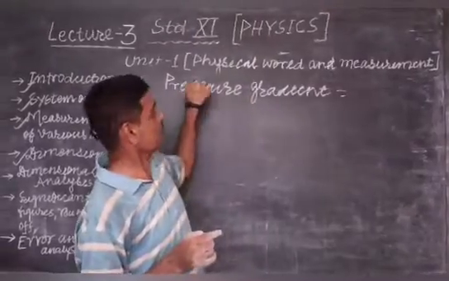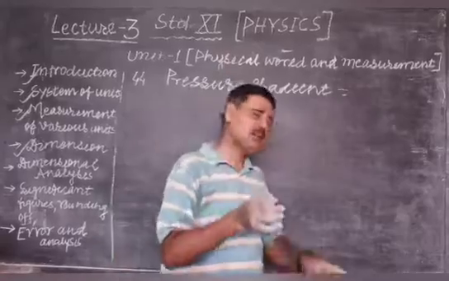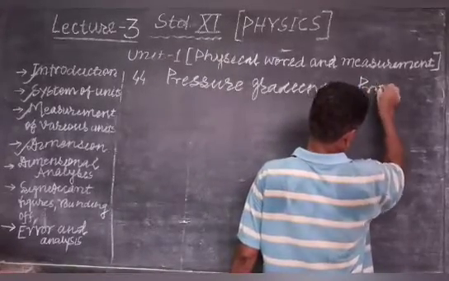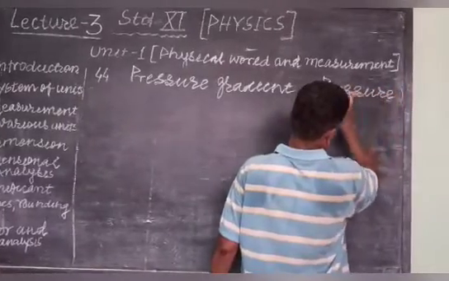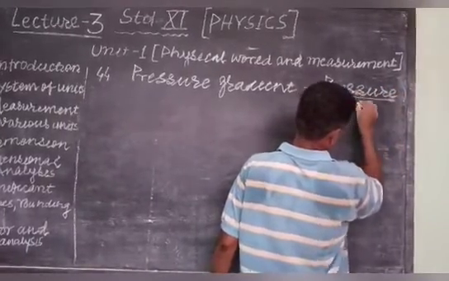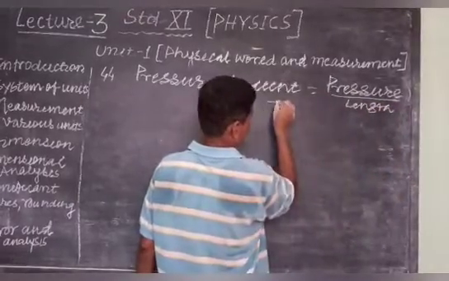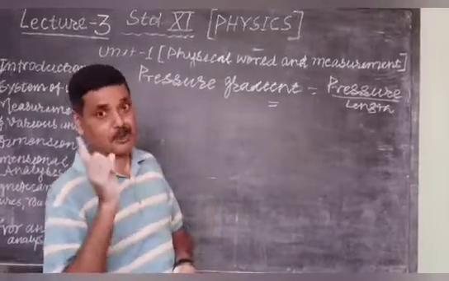So the pressure gradient is pressure per unit length. Pressure is force applied per unit area.